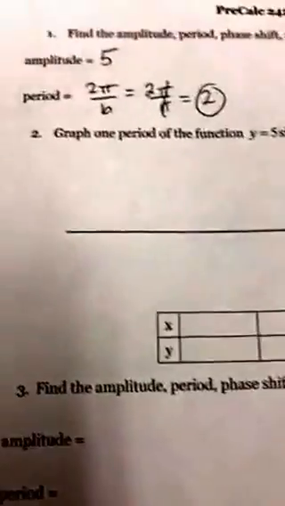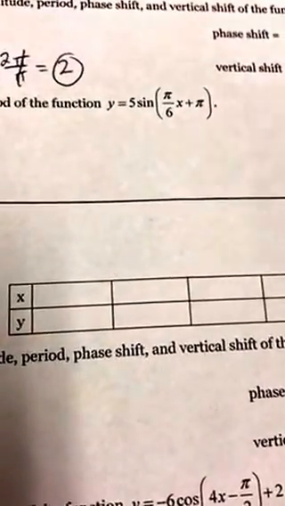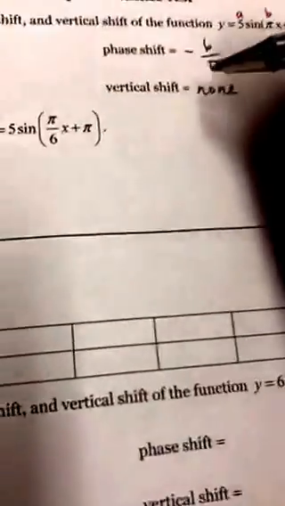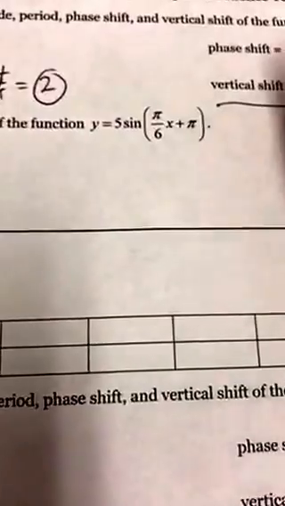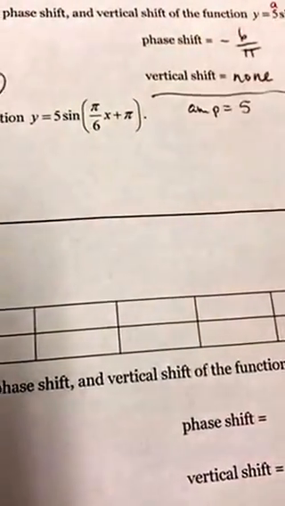Awesome. So for the next thing, it says graph one period of this function, and not everything is the same, but we're going to have to find all that information that we just did up top to actually graph this. So our amplitude is going to be 5.